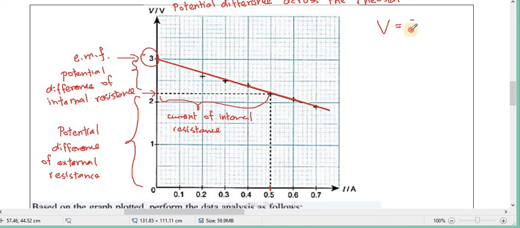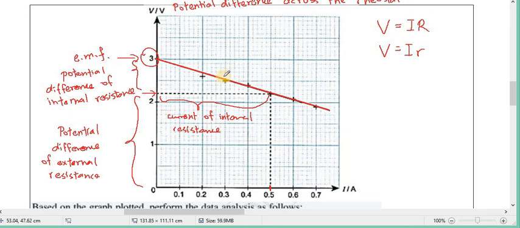Okay, so you see, from V equals IR, if I want to calculate internal resistance, I use the potential difference across the internal resistance. I put it here, and then I put here the current that passes through the internal resistance, then I can get the internal resistance.